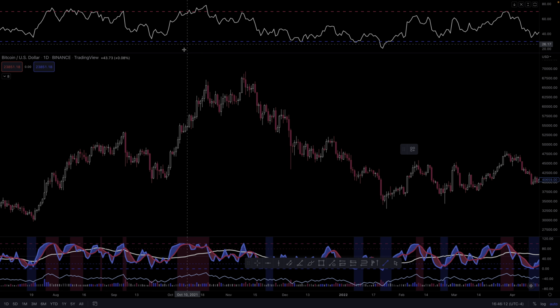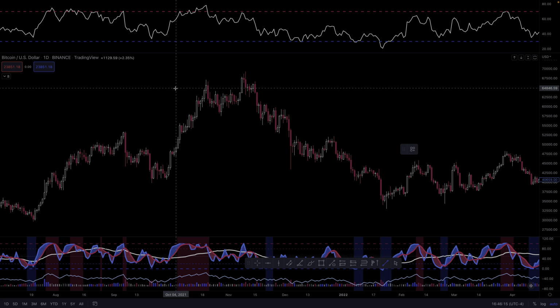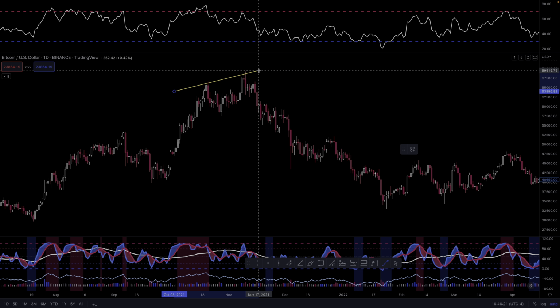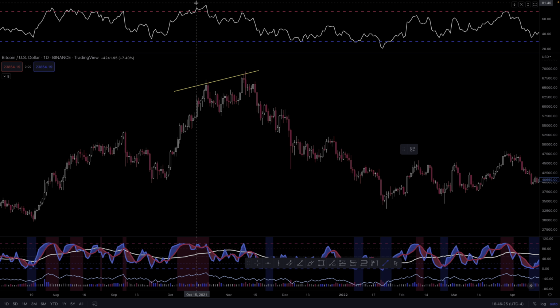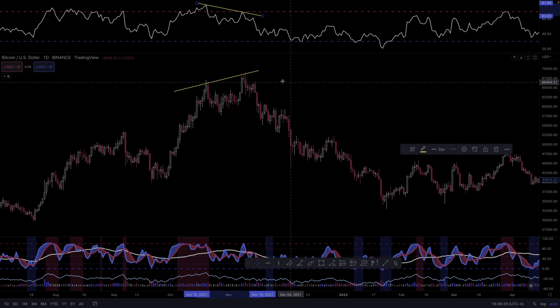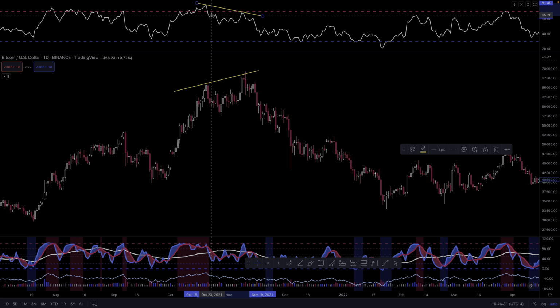The price made a higher high, yet the RSI made a lower high. This is an RSI divergence, in this case a regular bearish divergence. There are other kinds of divergences called hidden divergences, which we won't go into in this video.